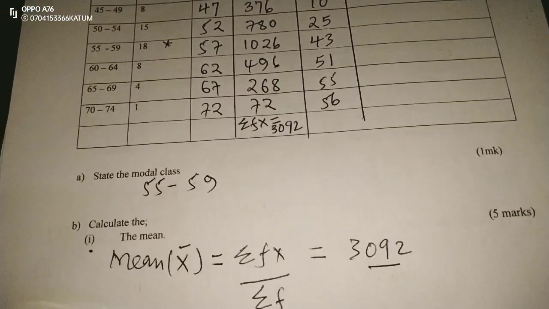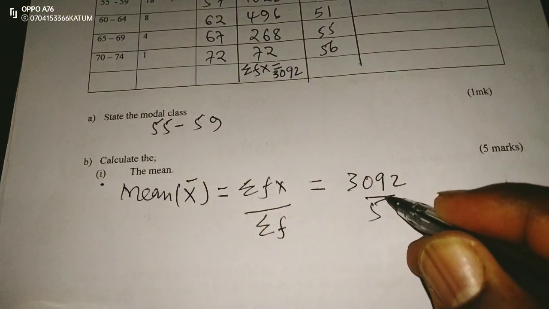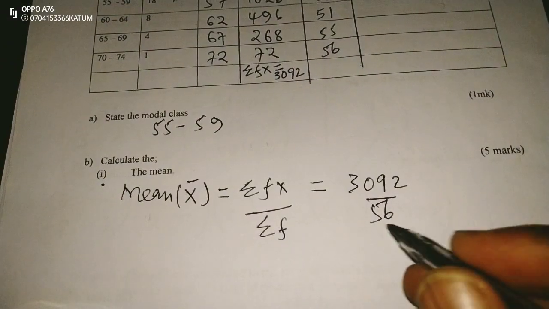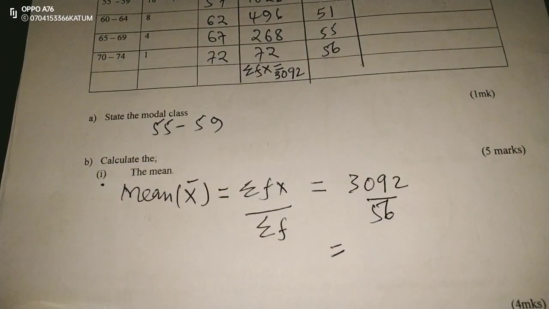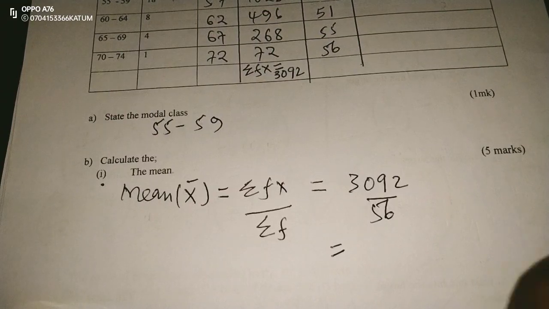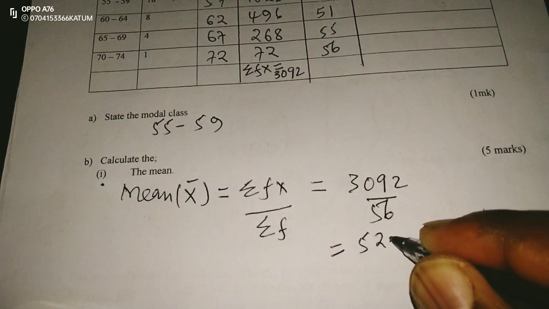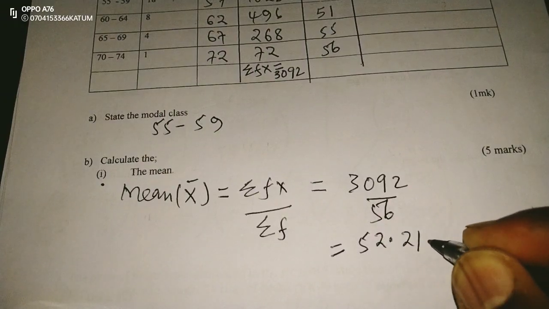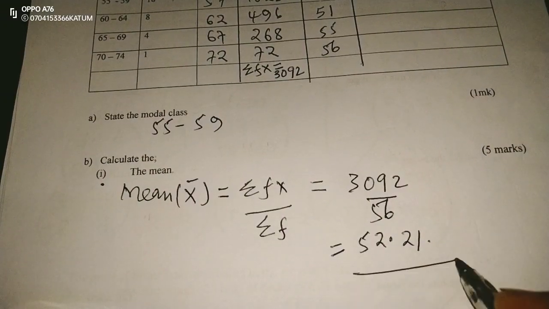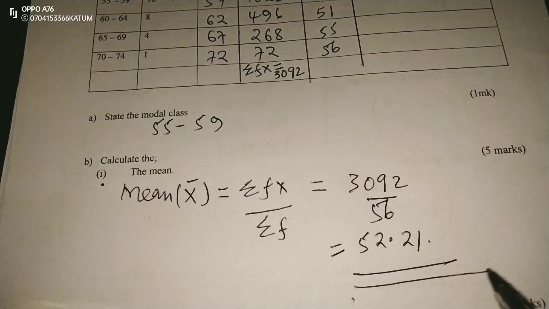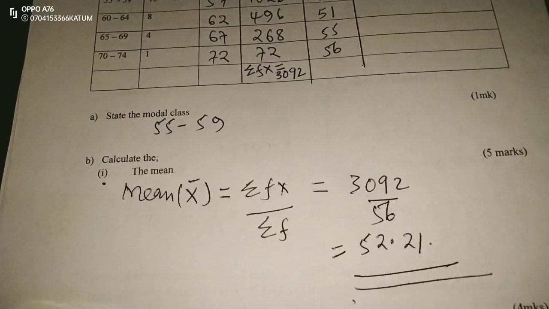So now we're going to have out of 56. So we're going to have a mean of, when we divide by 56, 52.21. So this is going to be the mean mass for that class.